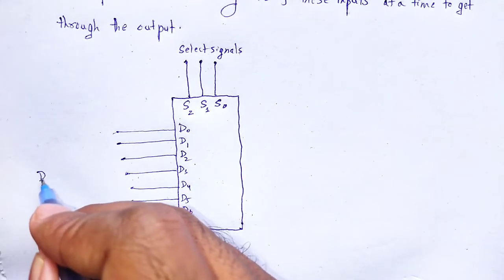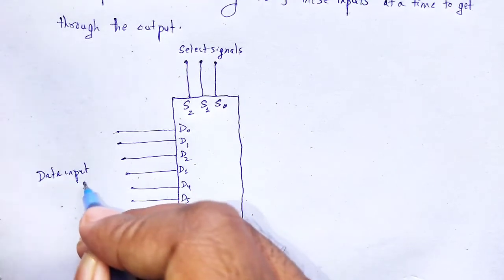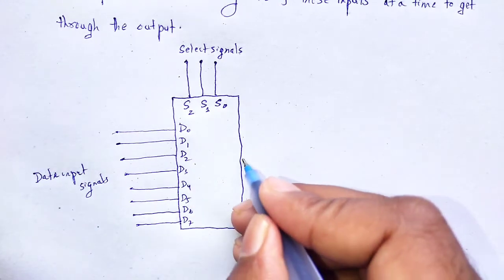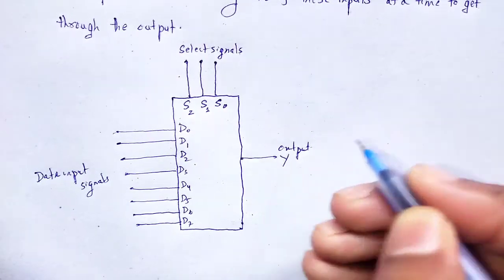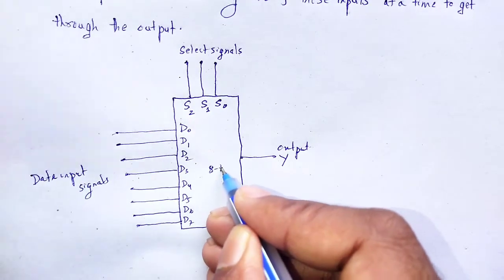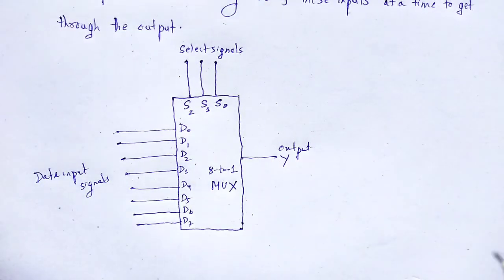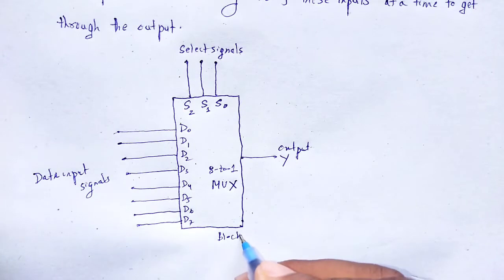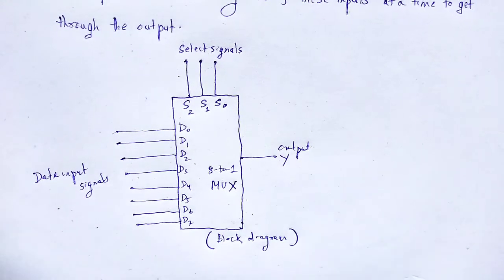These are the data input signals. And one output Y. This is an 8 to 1 multiplexer. That is the block diagram of 8 to 1 multiplexer.